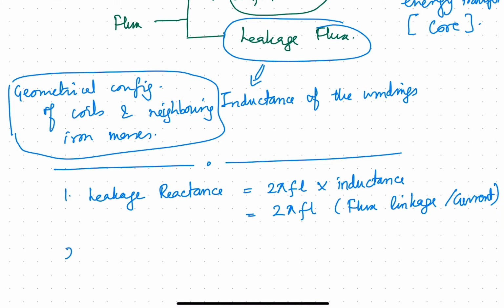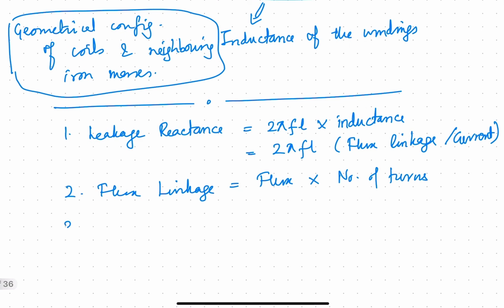The flux linkage is flux into number of turns, and this flux is also the mmf or the ampere turns into the permeance.